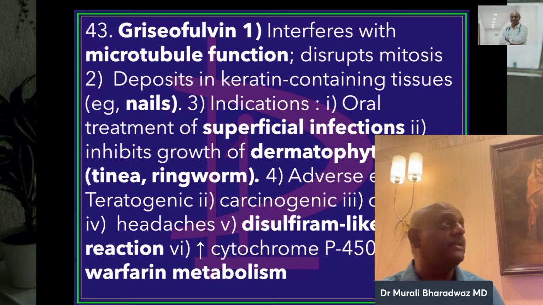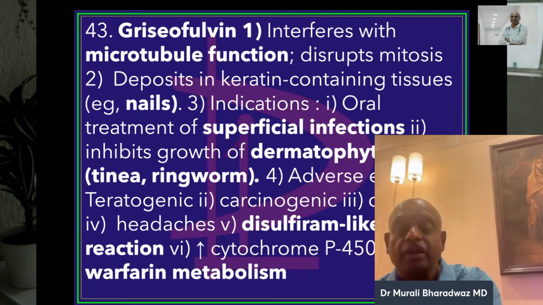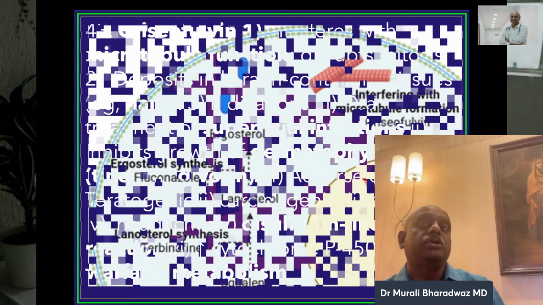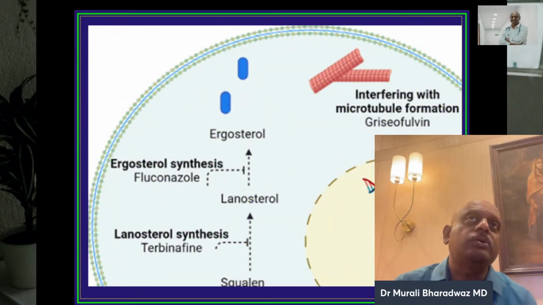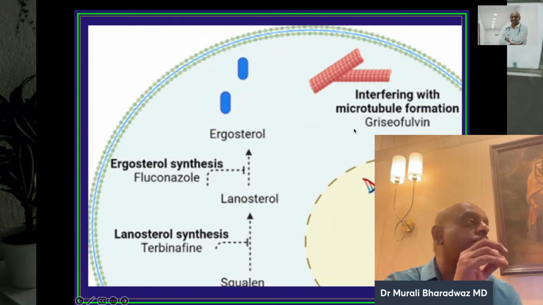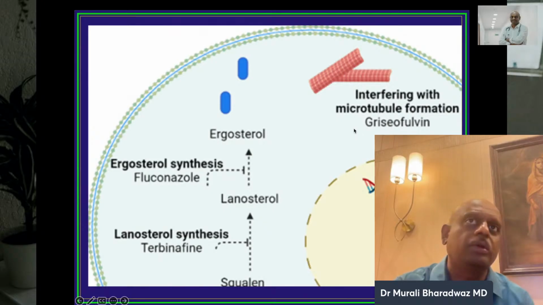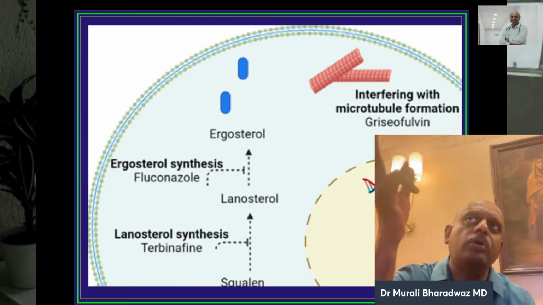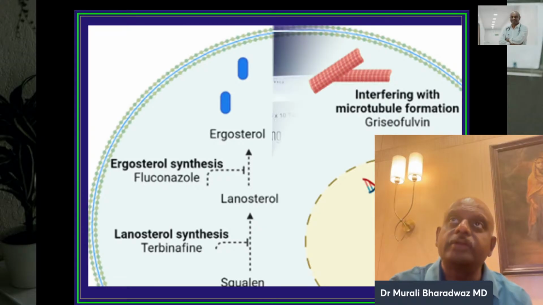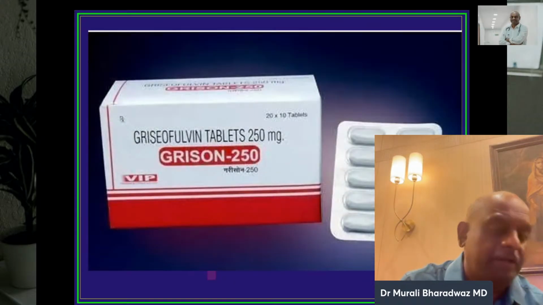That's the reason it will affect somebody taking an anticoagulant like warfarin, which becomes over-metabolized by the induced P450 enzymes, leading to warfarin becoming ineffective. So this is how, doctor, lanosterol becoming ergosterol is inhibited by fluconazole, right? And squalene becoming lanosterol is prevented by terbinafine, and microtubule formation is interfered with by griseofulvin, is what we should remember.